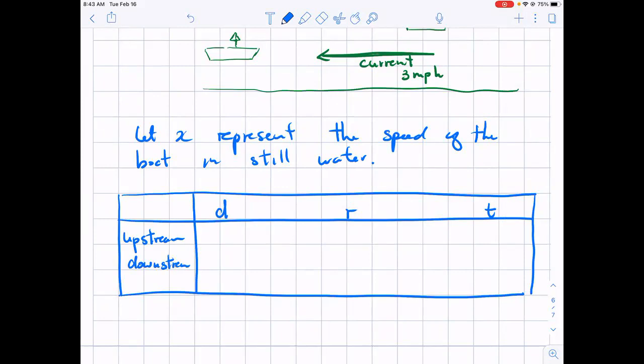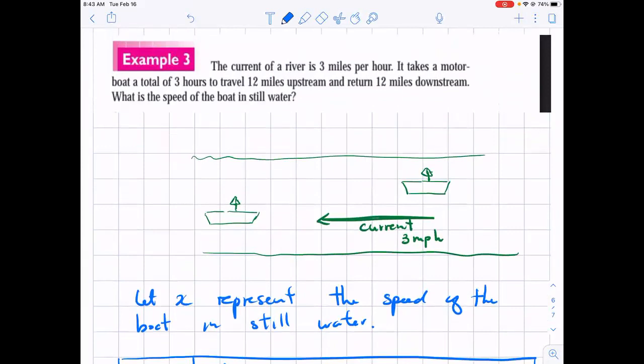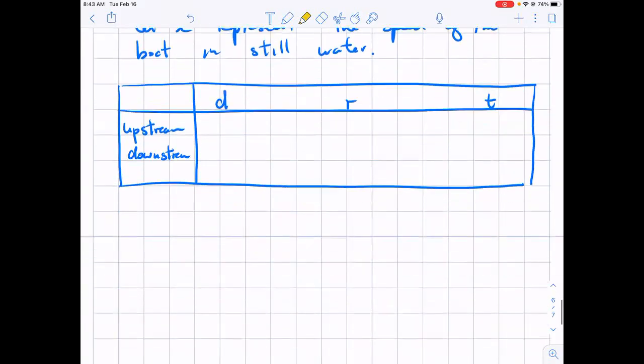So if you look at the problem, the distance traveled is 12 miles upstream and 12 miles downstream, okay? So our distance here is 12.